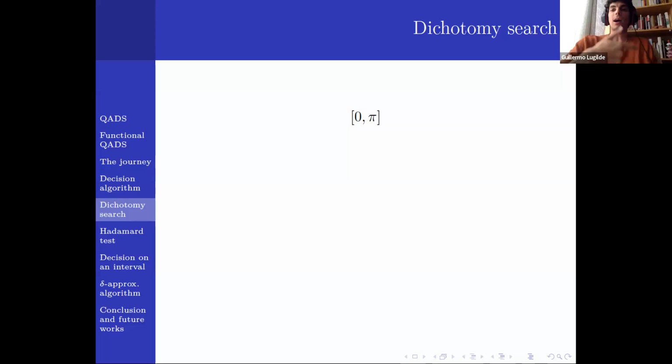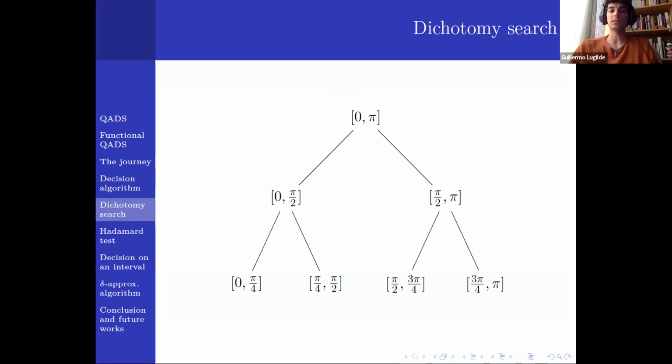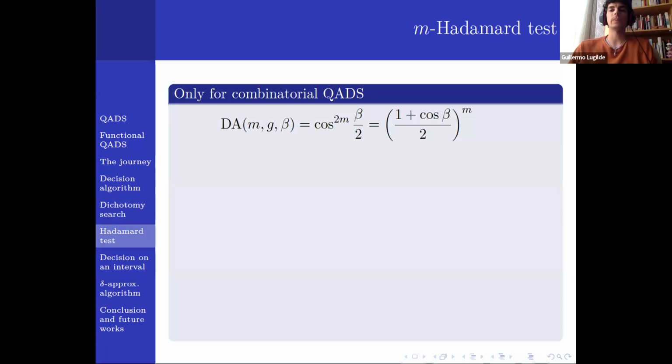If we obtain a higher estimation on 0, we assume that beta is closer to that endpoint, and therefore it will belong to the interval 0 pi divided by 2. We can keep this process going as many times as desired, and we will obtain an interval as short as desired. That's it.